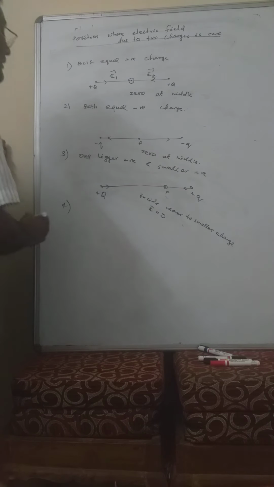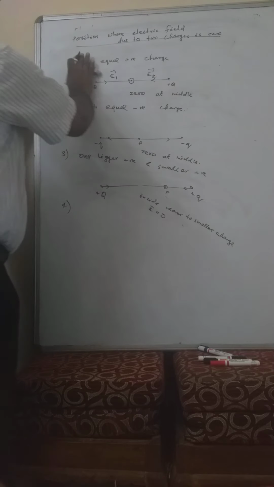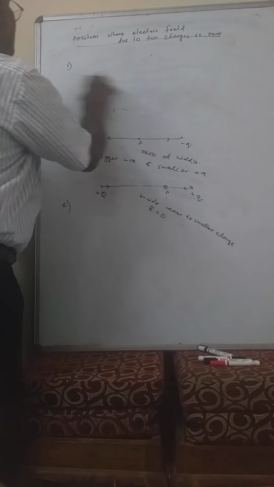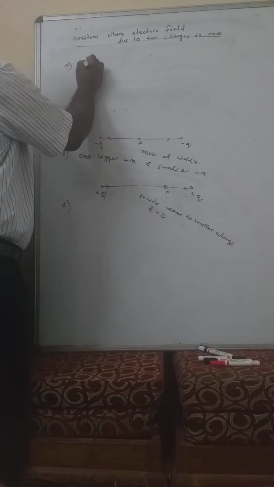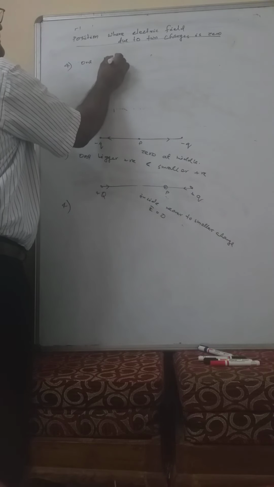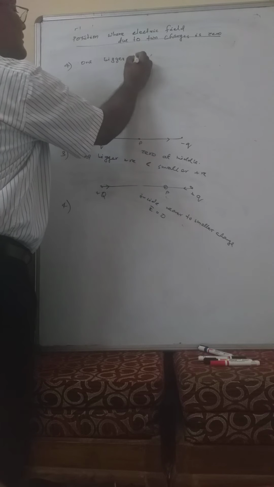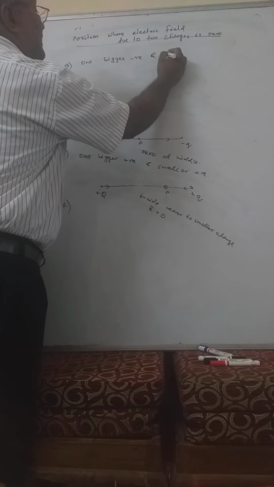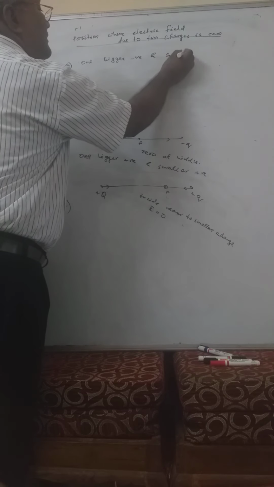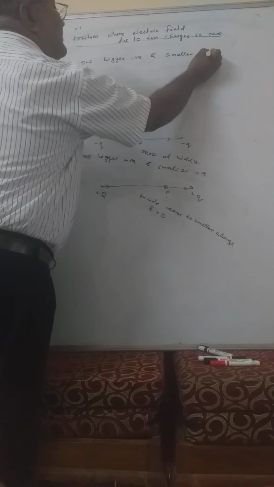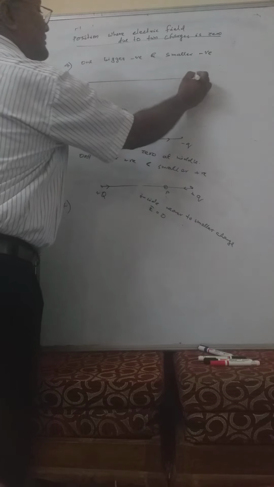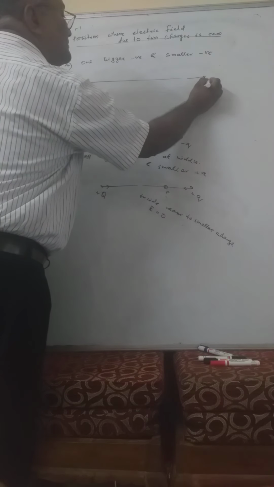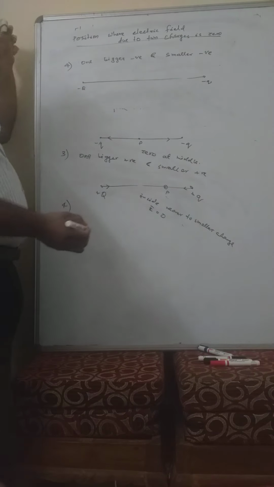Fourth one: one bigger negative charge and another smaller negative. This is minus Q, and this is small minus q. So both are negative.